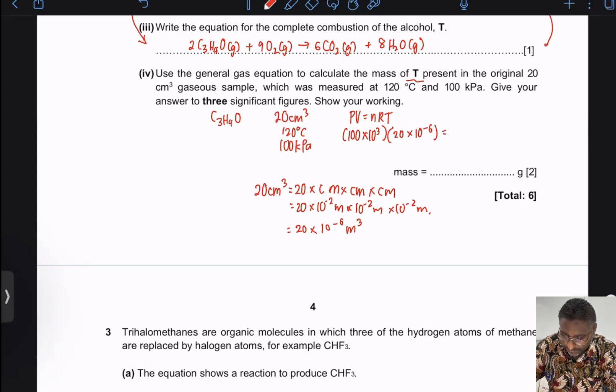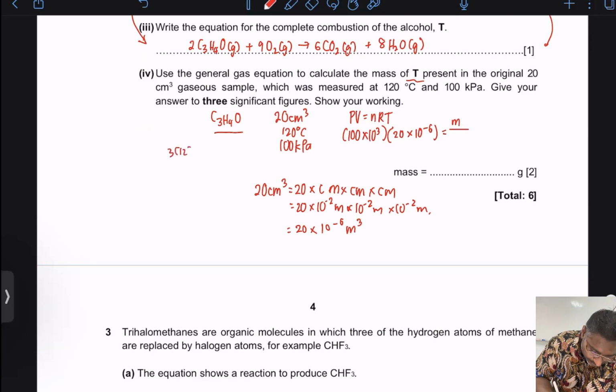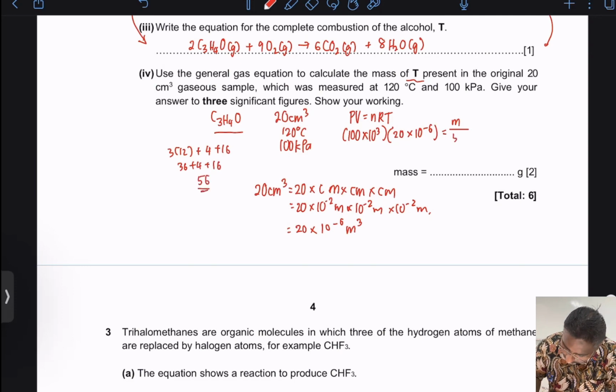Number of moles, in this case, I want to find the mass, divide by Mr. Mr for this, 3 times 12 plus 4 plus 16. So you will get 36 plus 4, 40, 40 plus 16, 56. R is 8.31, you can get it from the question itself. 8.31 gas constant.